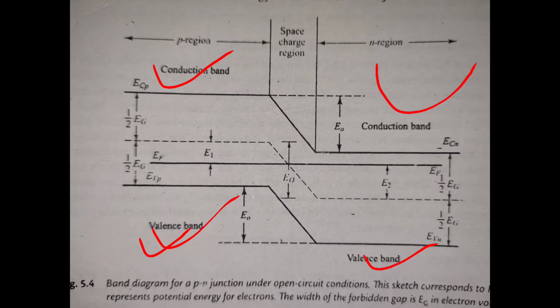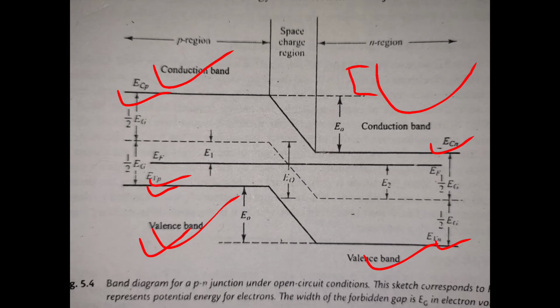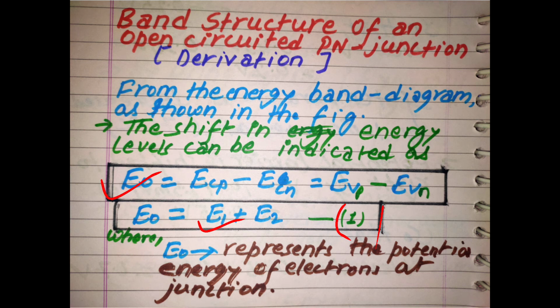You can clearly see this is ECP minus ECN, which is equal to E naught, and EVP minus EVN is equal to E naught. E naught is equal to E1 plus E2, where this is E1, this is E2, and the sum of both is E naught. E naught represents the potential energy of the electrons at the junction.